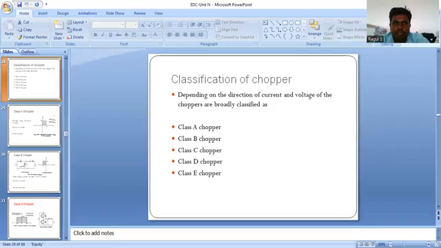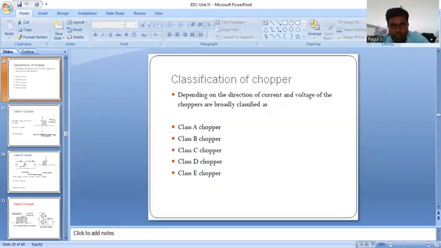In the first quadrant the voltage is positive, in the fourth quadrant the voltage is negative. This is a fourth quadrant kind of operation, that is reverse regeneration or inverting operation. In the class D chopper, output current is always positive, and output voltage is both positive and negative.